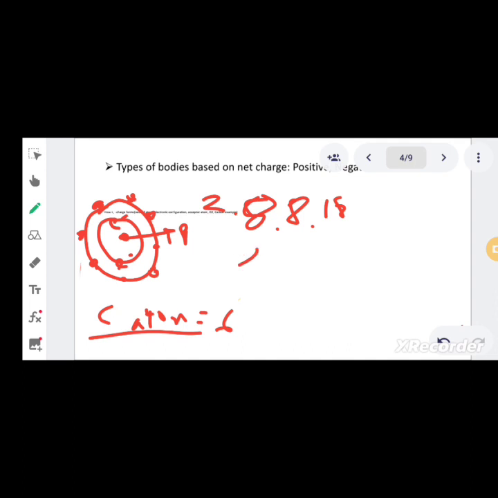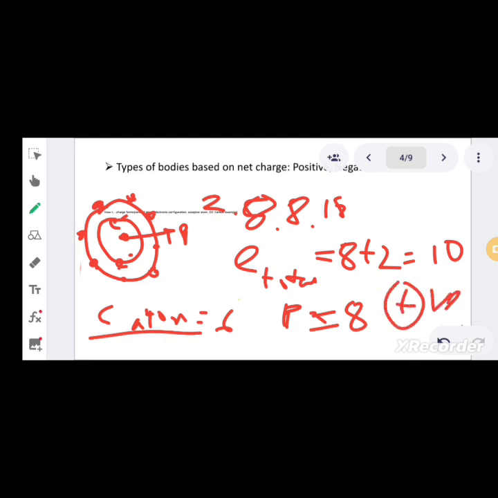Then the total number of electrons is 8 plus 2 equal to 10 electrons, and the proton number is fixed, equal to the atomic number, which is 6. So here we can see that the number of protons is less than electrons, which means it is a negative charge atom.